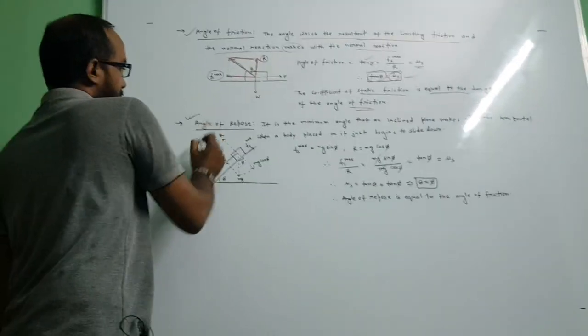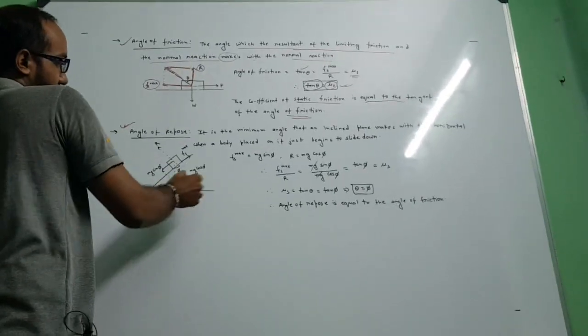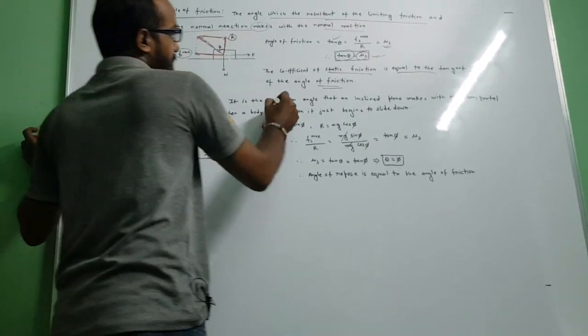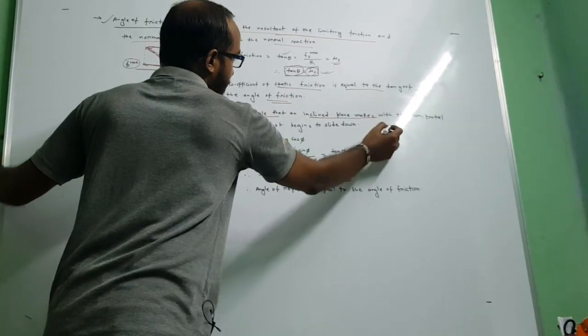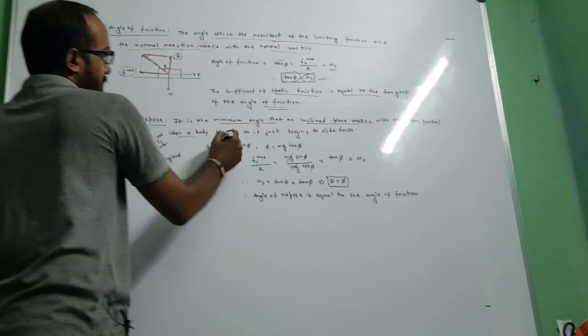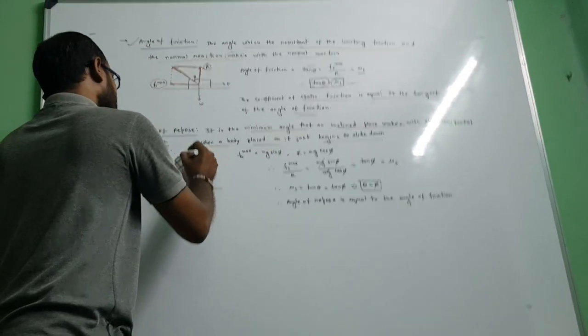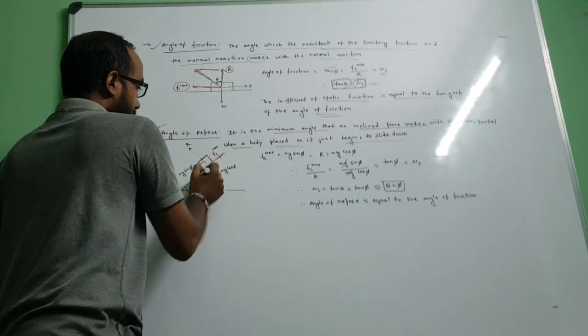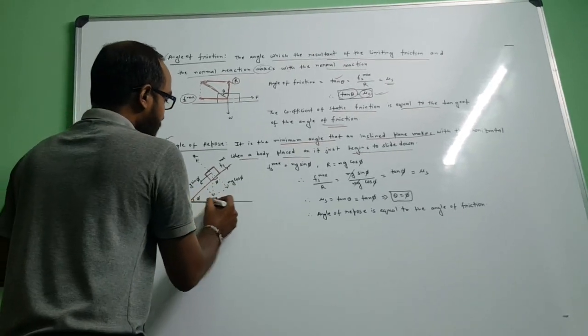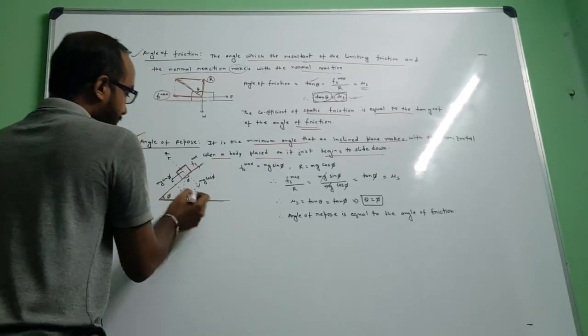Now angle of repose. It is the minimum angle that an inclined plane makes with the horizontal when a body placed on it just begins to slide. Let us say we have an object here, and this inclined plane makes angle phi with the horizontal.